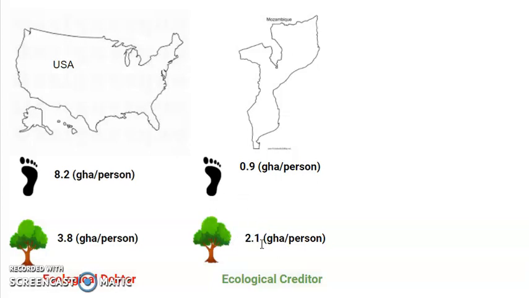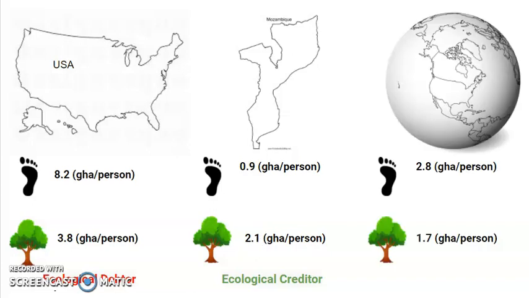They have extra resources. They have more resources than the persons in that country use. And these countries are called ecological creditor. So they are creating more resources for the rest of the earth. And look at this gap. Look at all this gap. We are using almost 10 times more resources than this country.